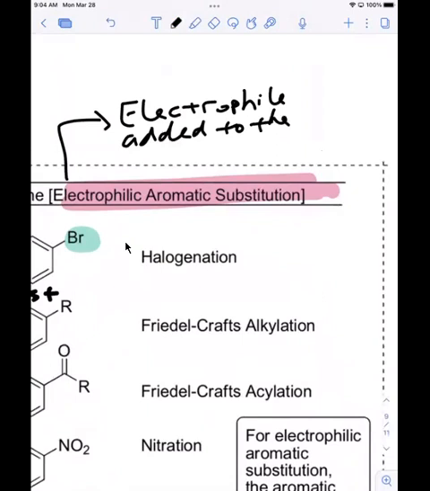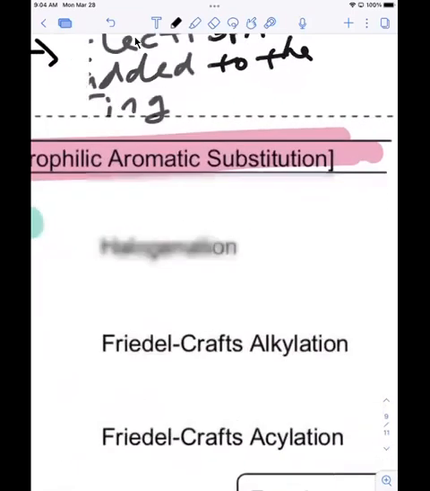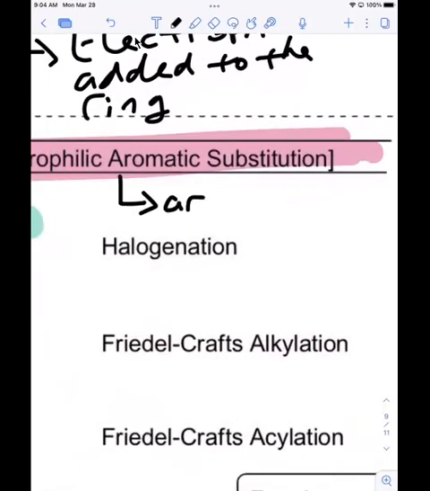There is another class of substitution reactions for aromatics, the opposite: nucleophilic aromatic substitution, where the ring is acting as the electrophile and you're adding a nucleophile. But in this case, the electrophile is being added and the aromatic system is acting as a nucleophile.